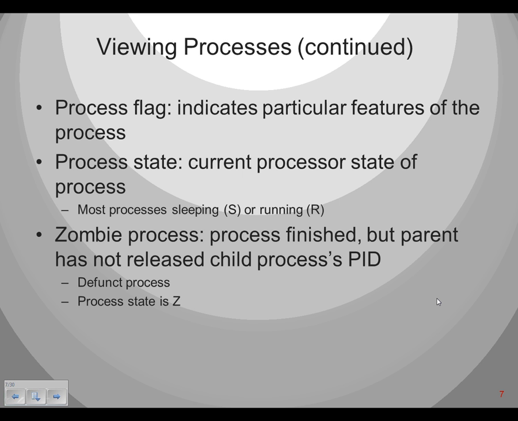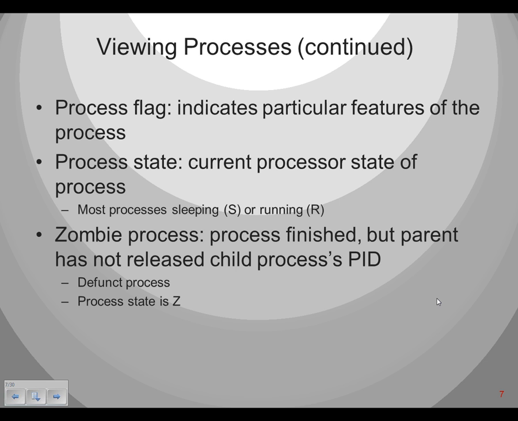As you can see by this slide, the process flag F indicates particular features of the process. You will use this in later labs. I'm only going to give you a couple of labs at the end of this chapter, and it's basically going in and initiating some of the commands that we talk about today.